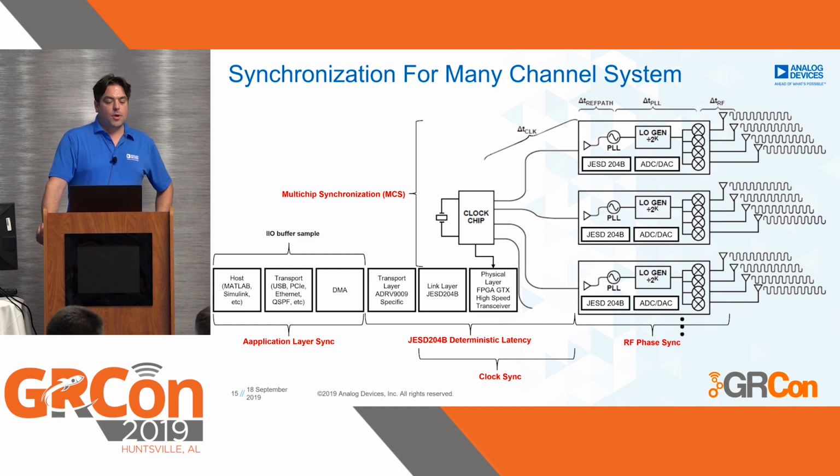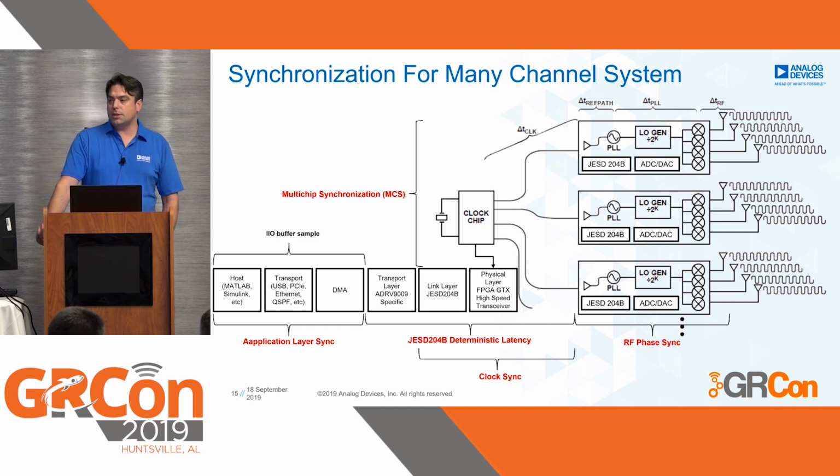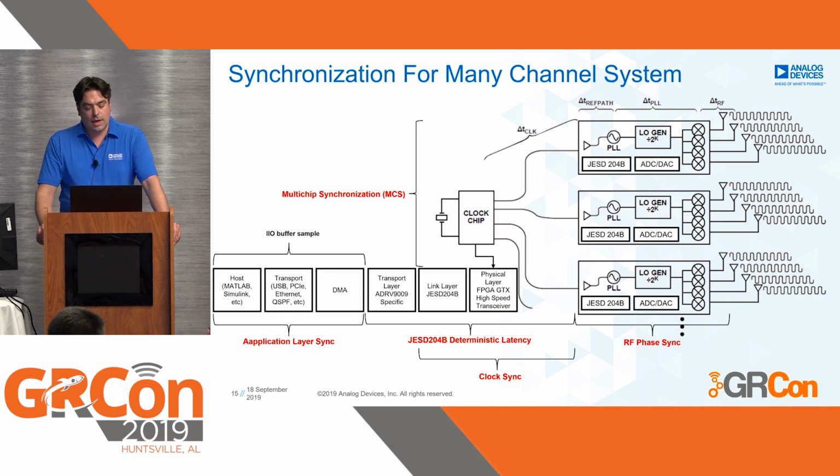Then there is the multi-chip synchronization, where you align the basebands of all these different chips. Of course, there is a digital link between the FPGA and the transceivers. Typically, this is a JESD204 interface that also needs to be aligned and calibrated so that you have a deterministic latency.